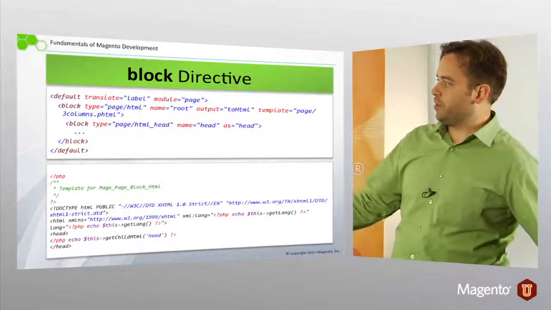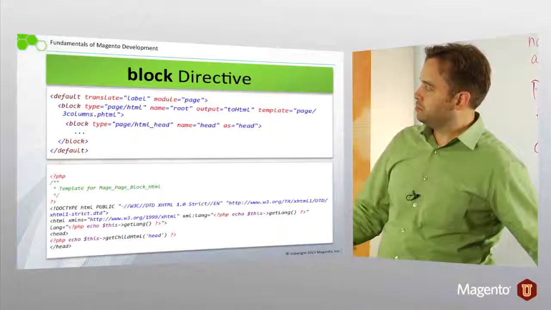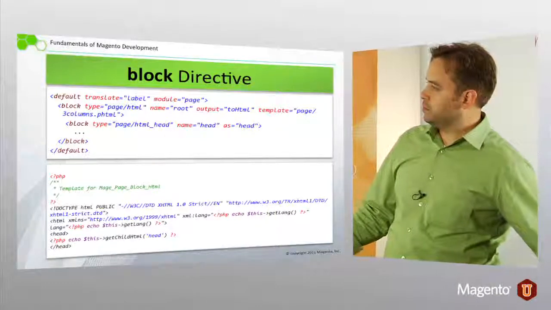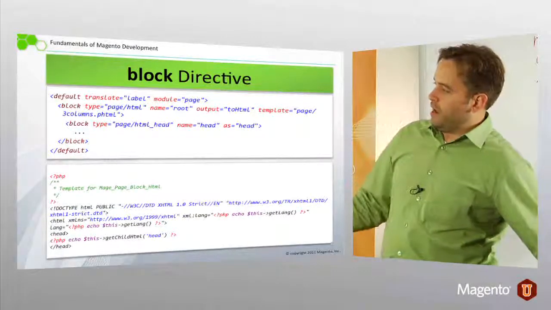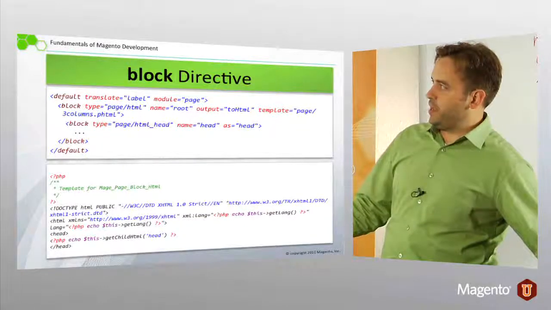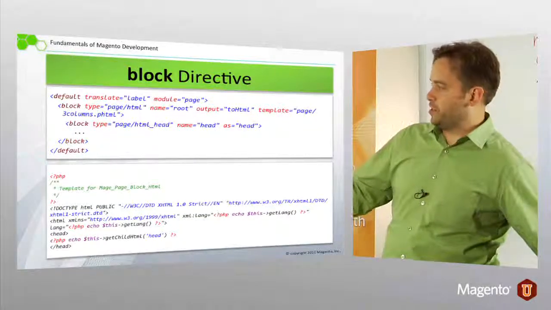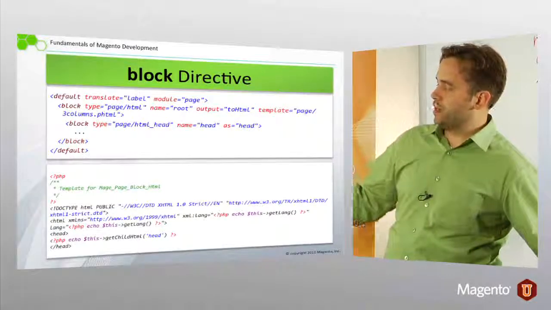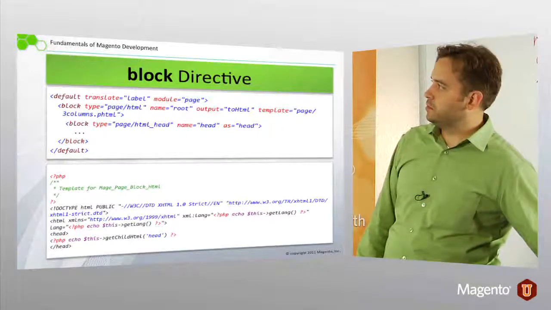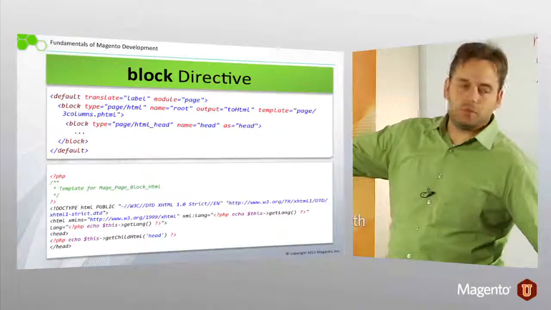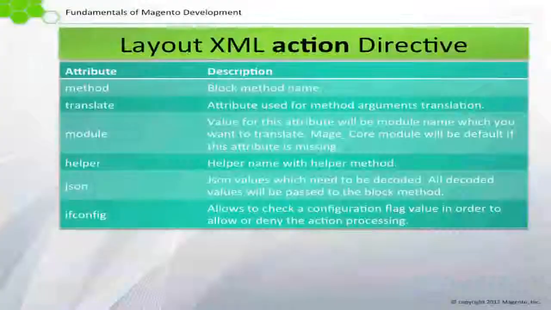And this is the template file for that root node. And the root node has to call that get child HTML head. So it refers, actually in this context, it refers to the alias. Again, this is redundant. Without specifying the alias, the name is used as the alias.